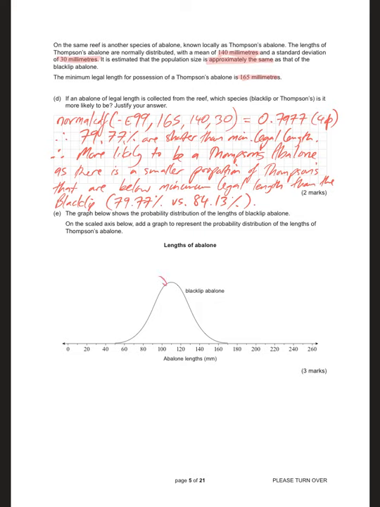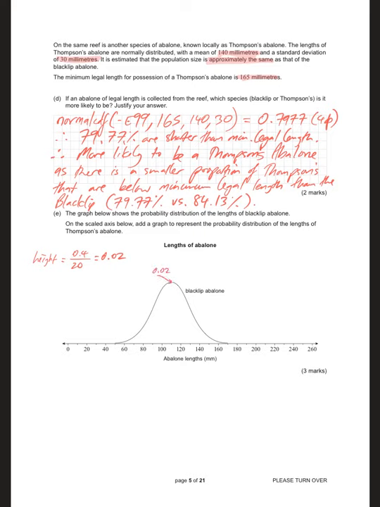So black lip height is 0.4 divided by the standard deviation of 20, which is 0.02. I didn't draw that peak in the right place, that should be 0.02.